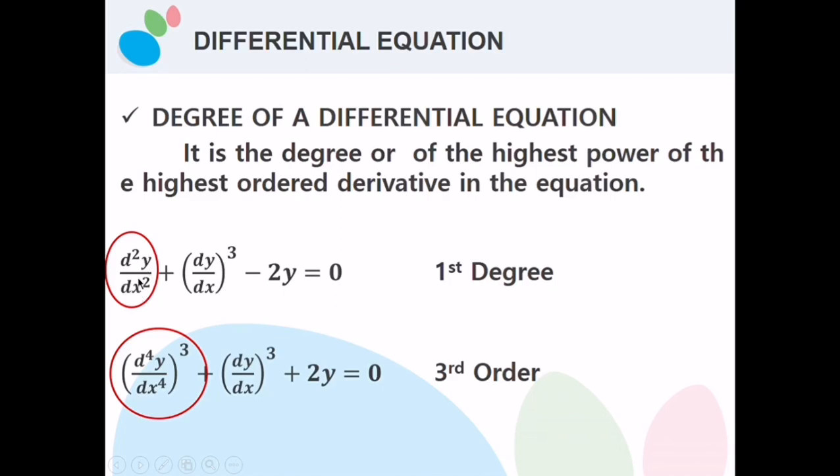This is second order but first degree, because the degree of the highest derivative is just 1. Our second equation is fourth order but third degree, so that is the degree of the differential equation.